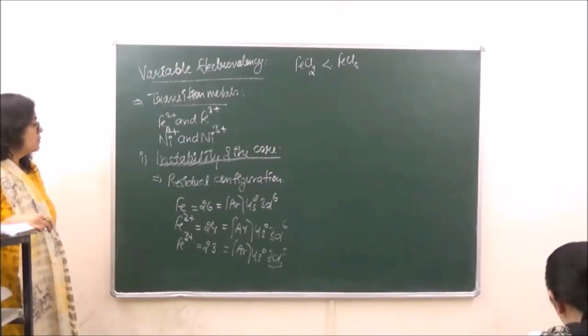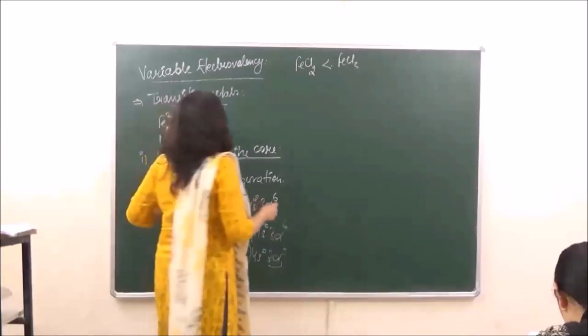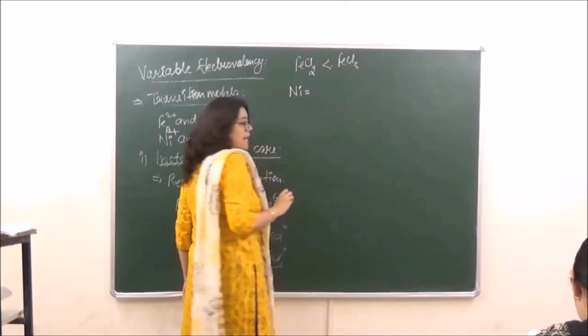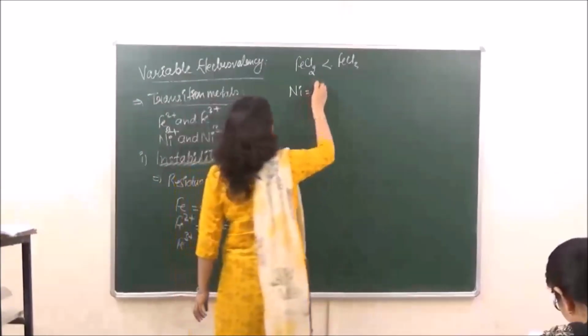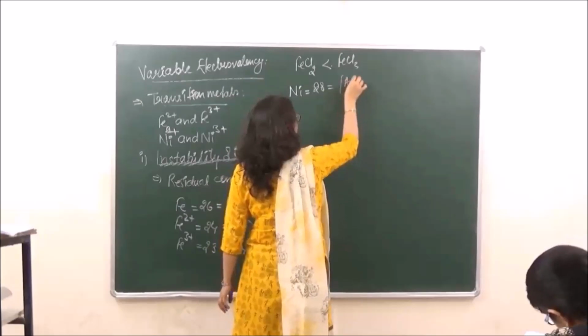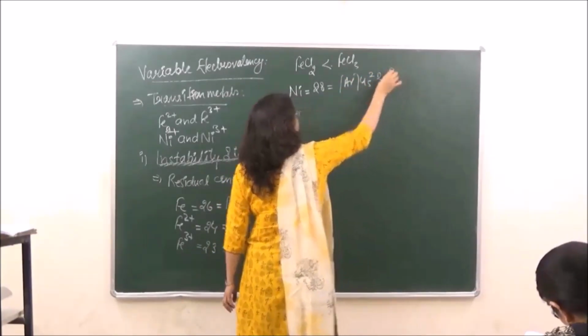Is it clear? Similarly, let's take the example of nickel. The atomic number of nickel is 28, so the electronic configuration is argon 4s2 3d8.